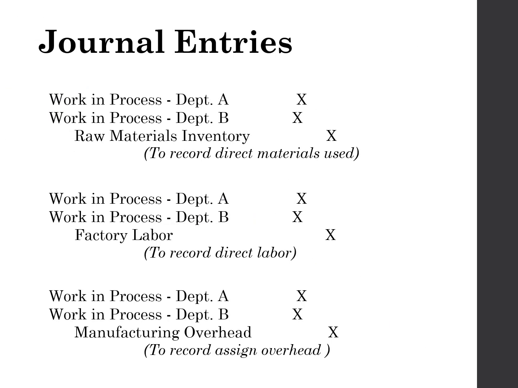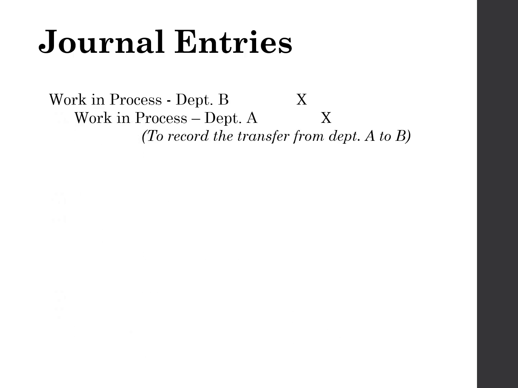Entries to record the cost of materials, labor, and overhead consist of debits to work in process for each department and a credit to raw materials inventory, factory labor, and manufacturing overhead. The entries to record the cost of goods transferred from one department to another are a debit to work in process for the department to which the goods are transferred in, and a credit to work in process for the department whose work is finished or transferred out of.